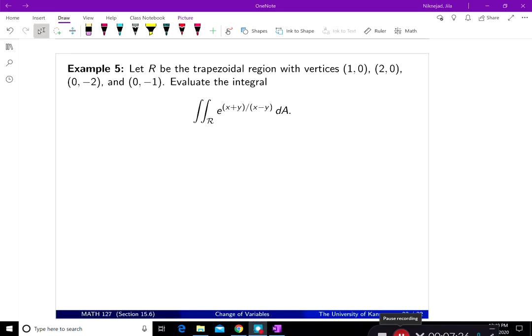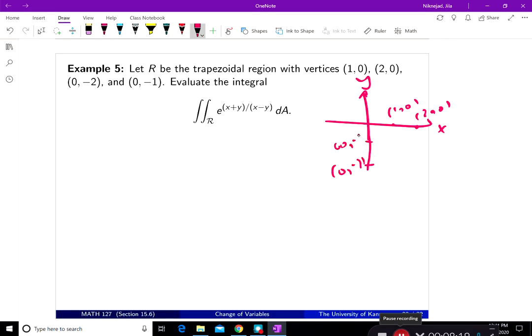We're continuing with section 15.6, and this is change of variables, where this example is asking us, let R be the trapezoidal region with vertices (1, 0), (2, 0), (0, -2), and (0, -1).